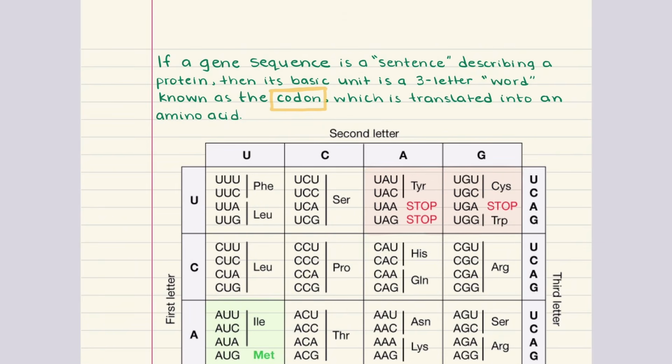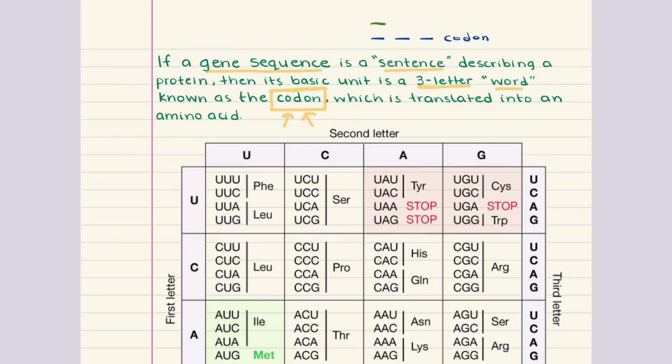Again, if you think of a gene sequence as a sentence, then the basic unit of that sentence is a 3-letter word called a codon. A codon is a sequence of 3 nitrogenous bases on the messenger RNA strand, and each codon is going to correspond to one specific amino acid.